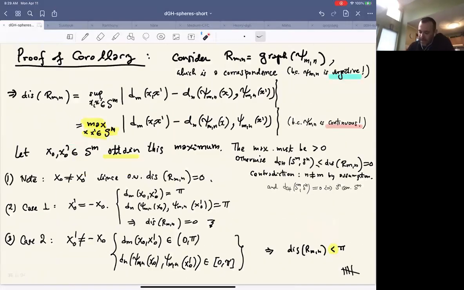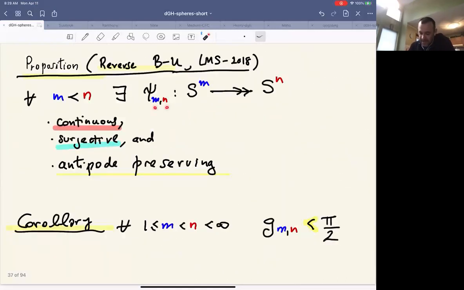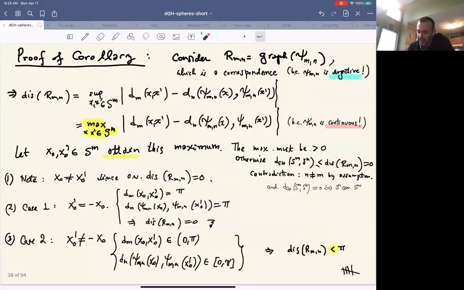So assume that you do fix m and n, and that you apply this proposition and you get a map phi_mn, continuous, surjective and antipode-preserving, from the smaller dimensional sphere to the higher dimensional sphere. And let's consider R_mn to be the graph of this surjection. That will be a correspondence. So then the distortion of this correspondence, well, being the graph of a map, I only need to take the supremum over x and x prime in S^m of this difference.